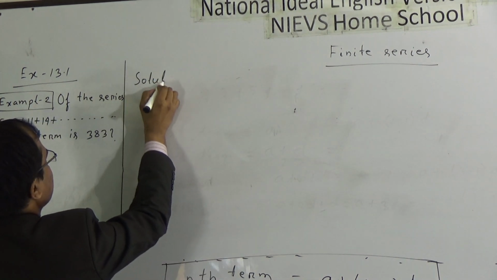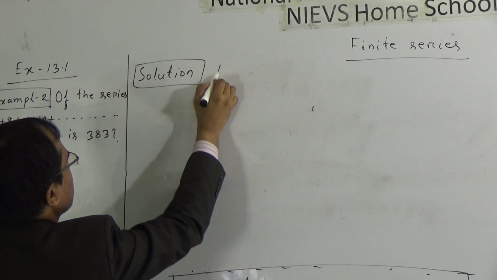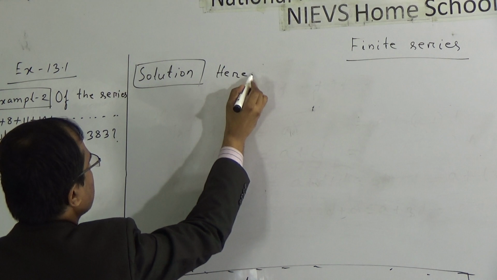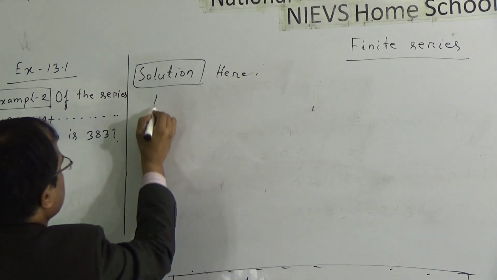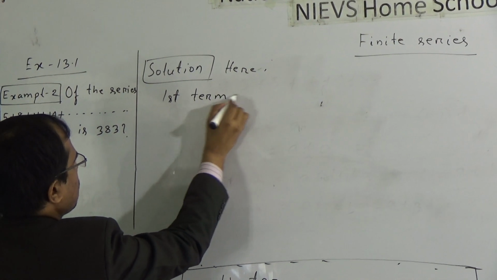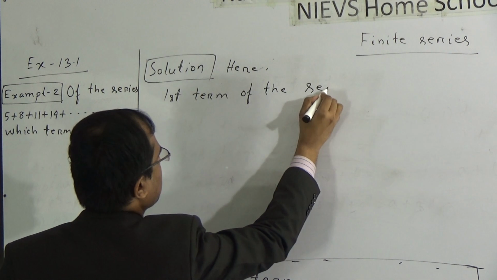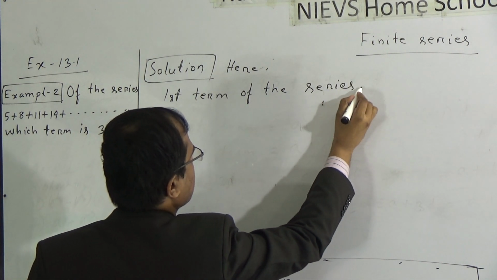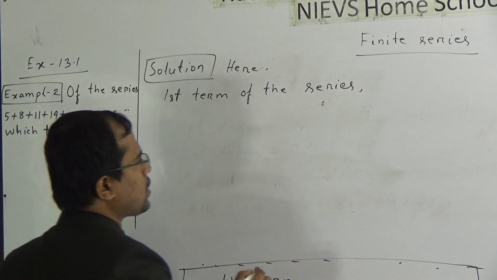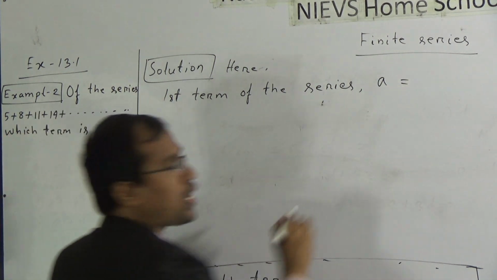Solution. Here, the first term of the series, we will define the first term of the series by a, and a equal to first term equal to 5.